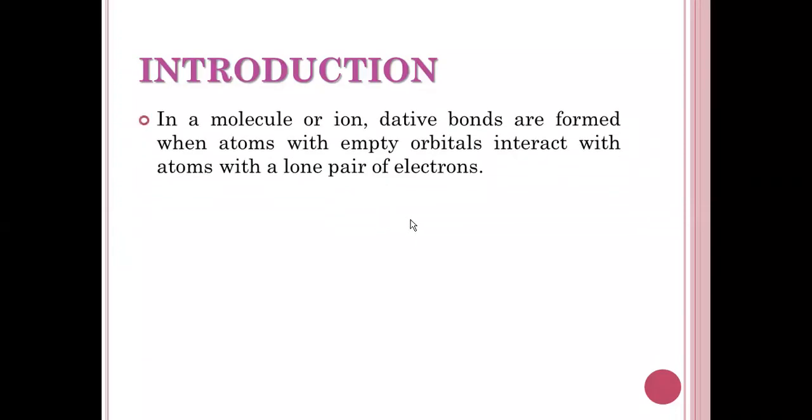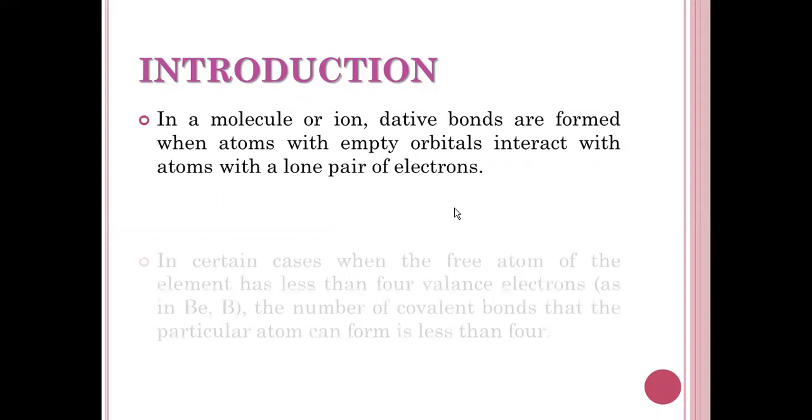I said in a molecule or ion, dative bonds are formed when atoms with empty orbitals, and the word empty orbitals is very important, interact with an atom with a lone pair of electrons. You should have the extra lone pair of electrons, then only you can provide the electrons to the empty orbital of the atom.